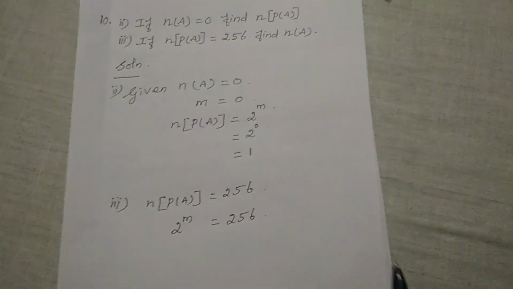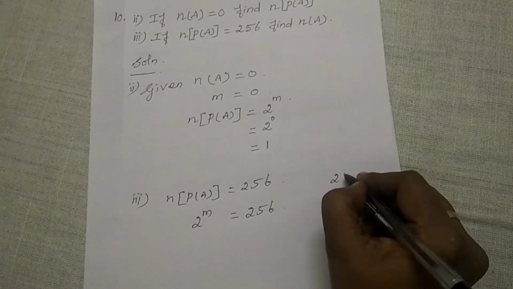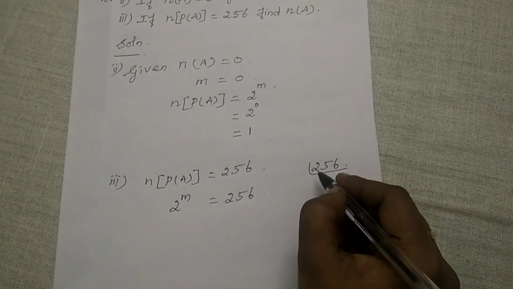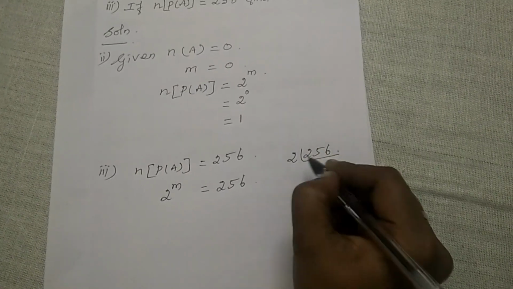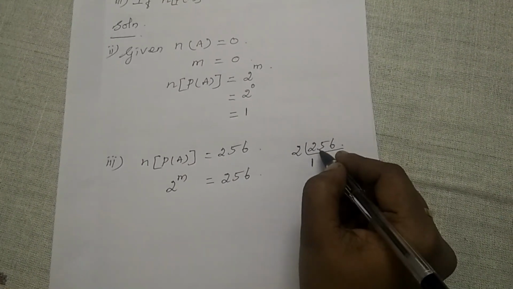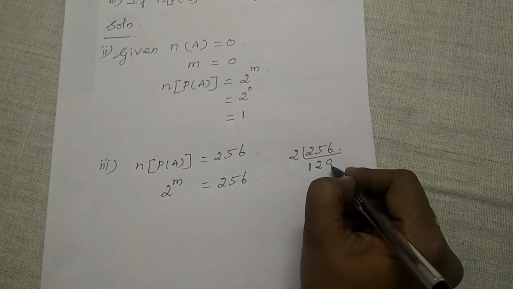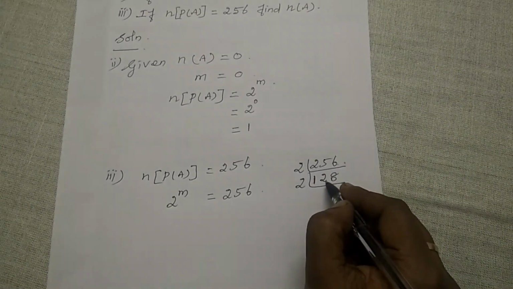256. Are we clear? So in 256, how many 2's are available here? You should find. Okay, then how many 2's are here? You have to check. 2 2's are 4. Then 4 2's are 8, then 8 2's are 16. Then again the second table, then 12.